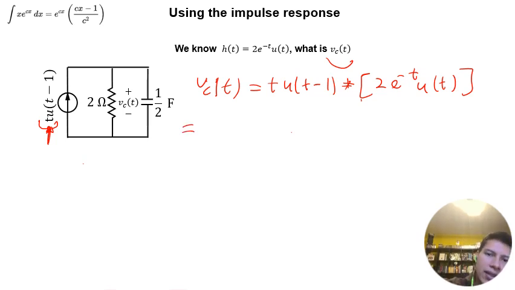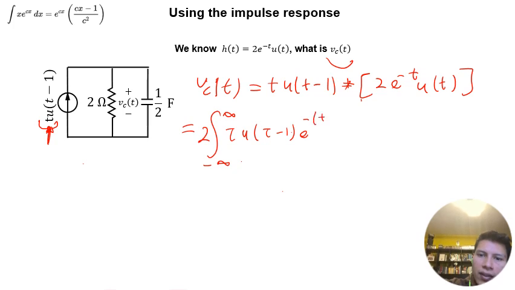So we have that this is just the integral from negative infinity to infinity of tau u of tau minus 1. And then I can factor out the 2 e to the negative (t minus tau) u of t minus tau d tau. So just remember that when you're doing convolutions, you've got to figure out when these things are off.